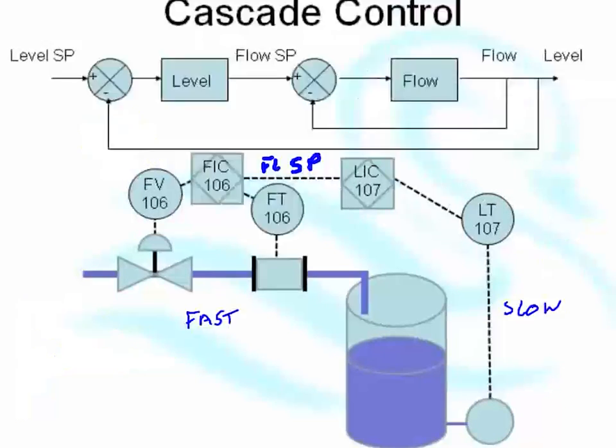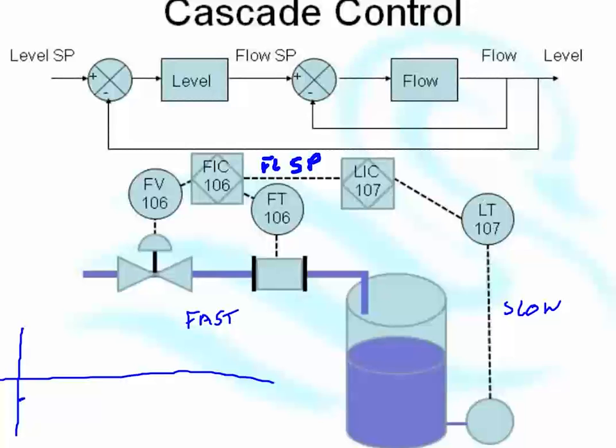Now, with cascade, the level control is slow, but the flow control is fast. If somebody were to come along and service the valve so it works more efficiently, and the level goes low, instead of outputting to the valve, the level says, okay, increase the flow by, say, 20 litres.